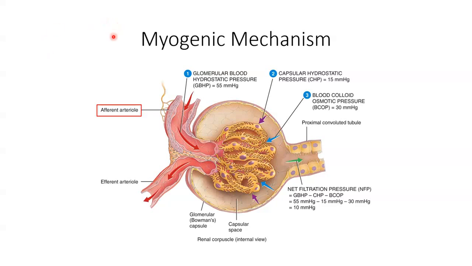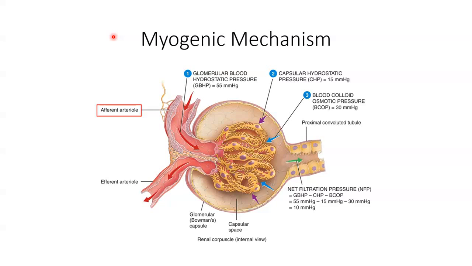So the myogenic mechanism occurs when stretching triggers contraction or constriction of smooth muscle cells in the walls of the afferent arterioles. So as systemic blood pressure rises, our glomerular filtration rate will also rise because blood flow to the kidneys and the glomerulus will increase, as does the glomerular blood hydrostatic pressure.